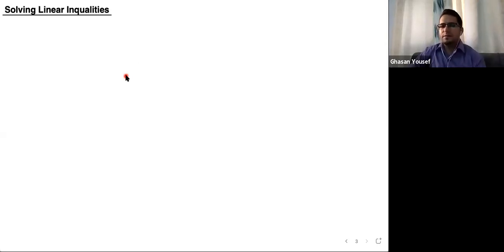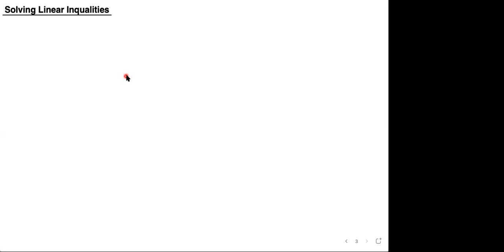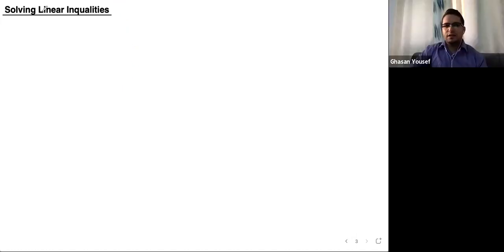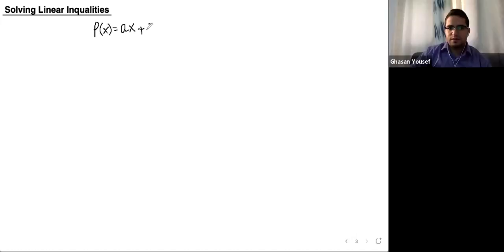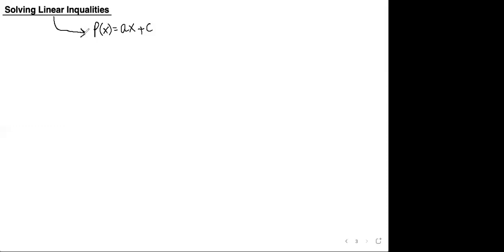I gave examples of linears, like a straight line that passes through some coordinates. Or I can say anything of the form f of x equal to ax plus c. Anything equivalent to this is called linear.